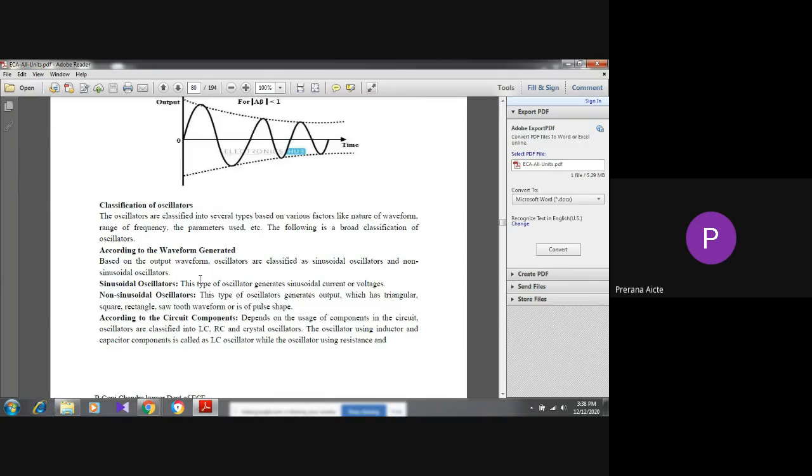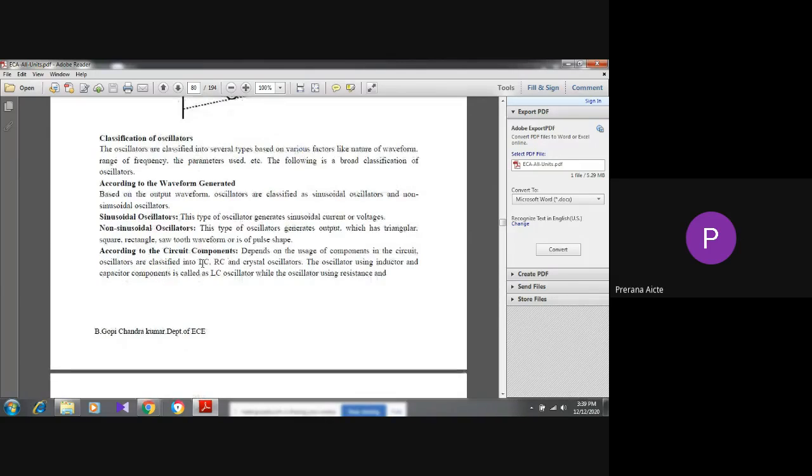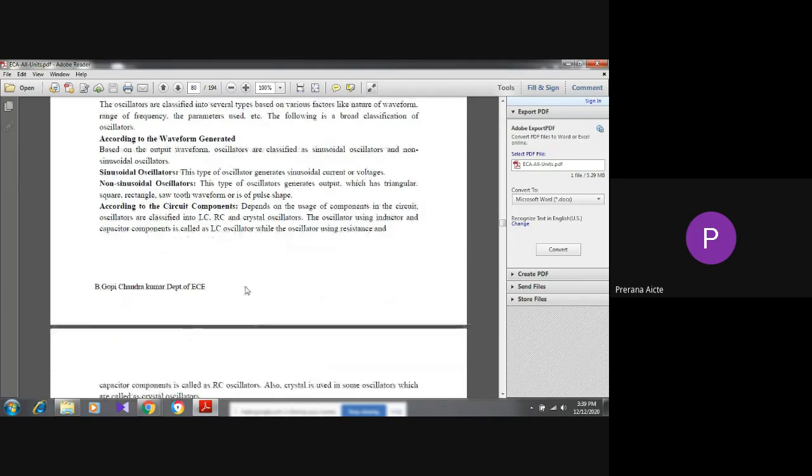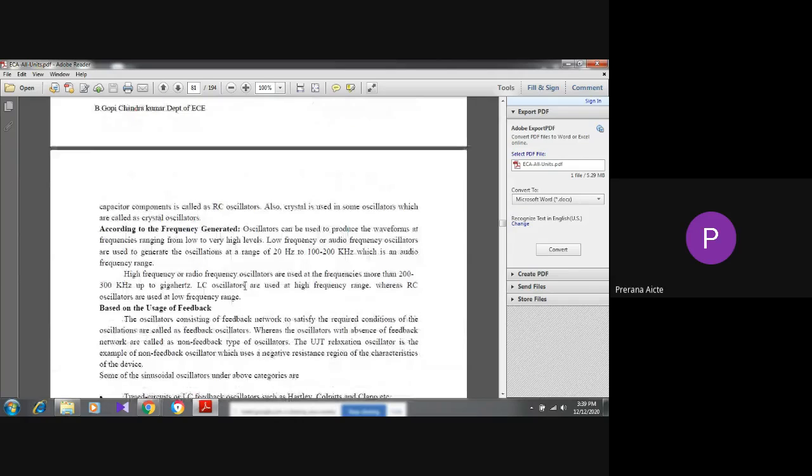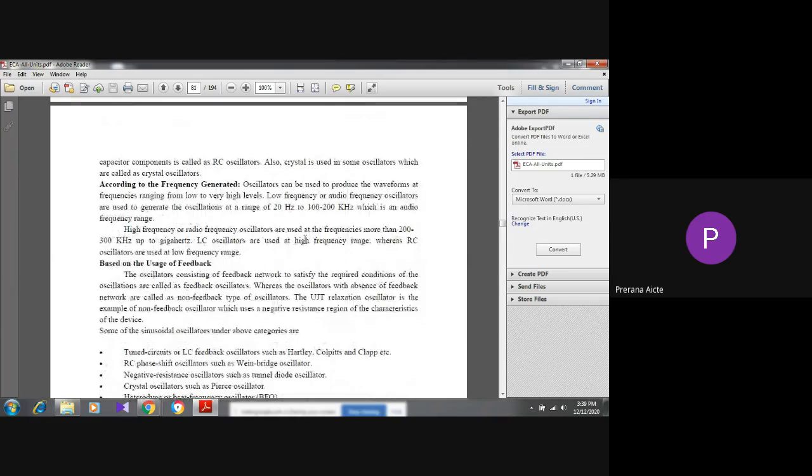If you get the output in sinusoidal form, it is called a sinusoidal oscillator, and if the output is non-sinusoidal, they are non-sinusoidal oscillators. According to circuit components, we have LC oscillators and RC oscillators. Similarly, according to frequency, we have audio frequency, radio frequency, and high frequency oscillators.